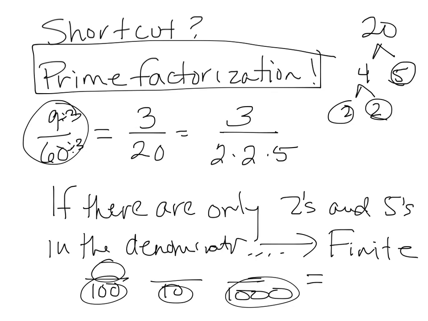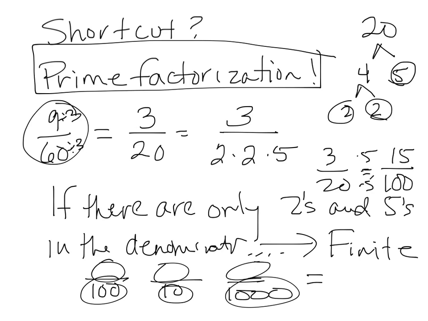Whatever number is up here, that's what you're going to end up with. And so this is 3 over 20. I guess what I'm saying is if you can change that to 100, which all I got to do is multiply by 5, that's 15. That's 15 hundredths. That's 0.15.